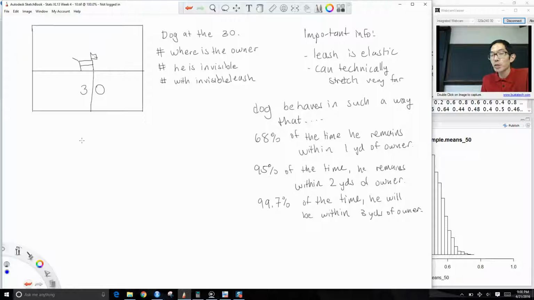So we can't guarantee that the owner is located anywhere because technically the leash can stretch very, very far, okay? But we can say something like, I am 95% confident that the owner is between, and we're just going to assume this one-dimensional thing, between 28 and 32 on the field.